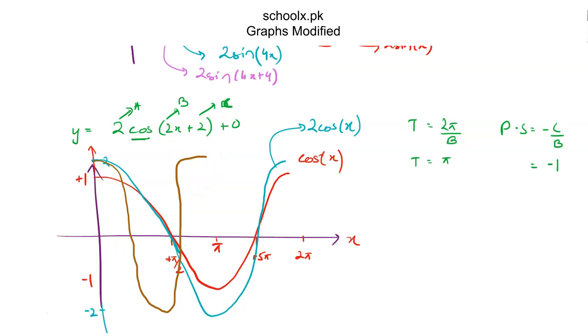So the graph will start from -1, right? It won't start from -1, it is already from negative infinity to positive infinity.